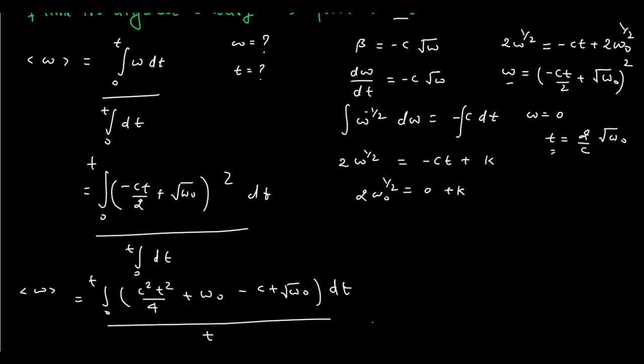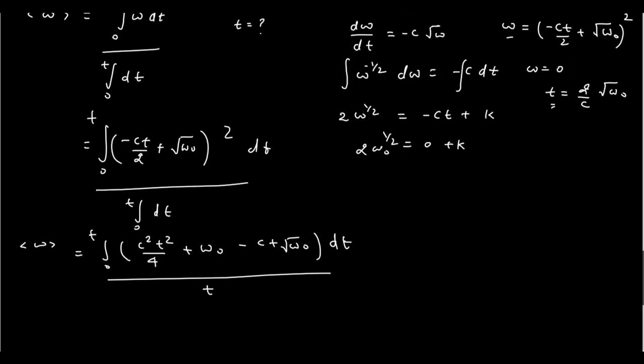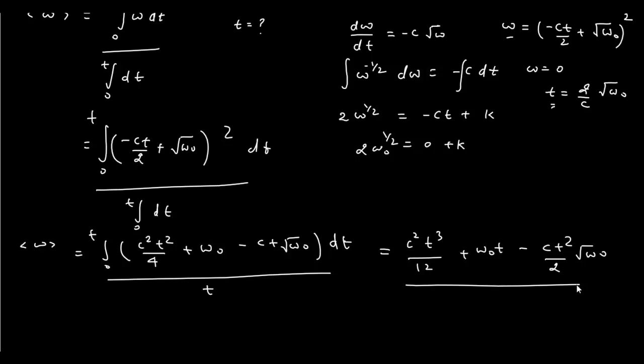Clear. And if we further solve it, we will get c square t cube by 12 plus omega naught t minus ct square by 2 under root omega naught, divided by t.